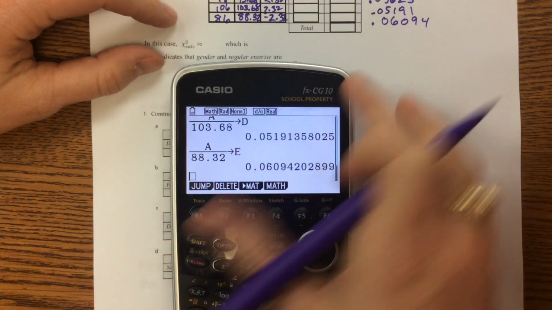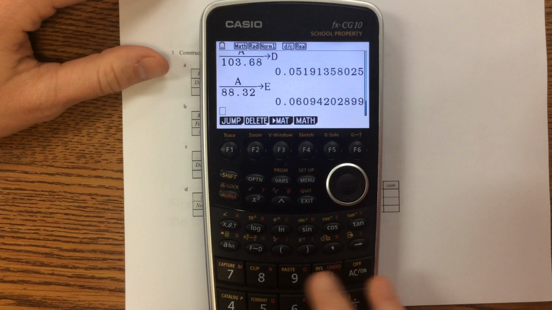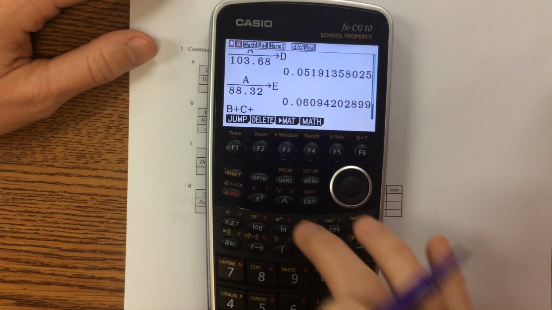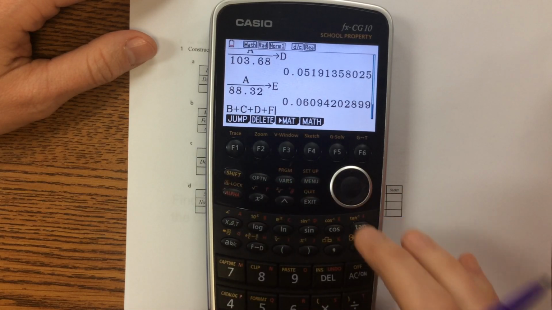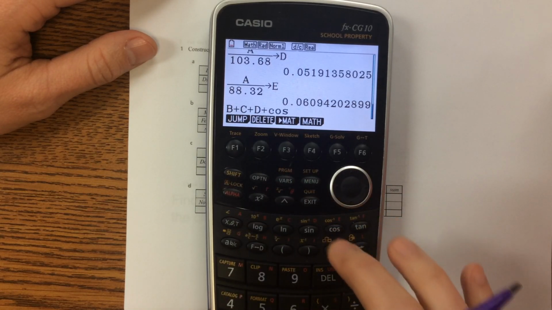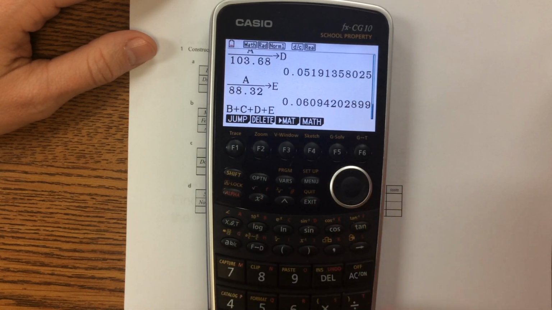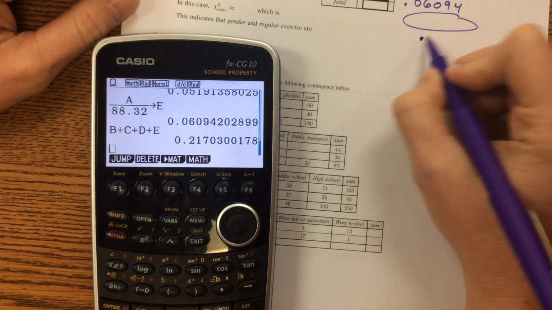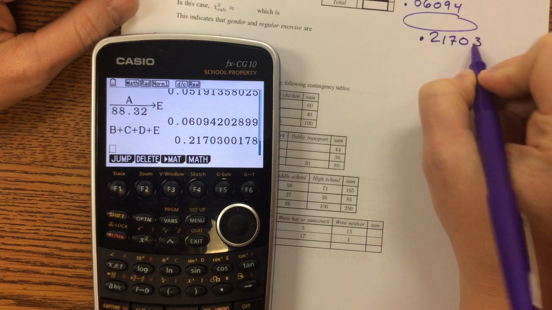So now what I need to do is find the total of all those values. So that was B plus C plus D plus E. And I find 0.21703.